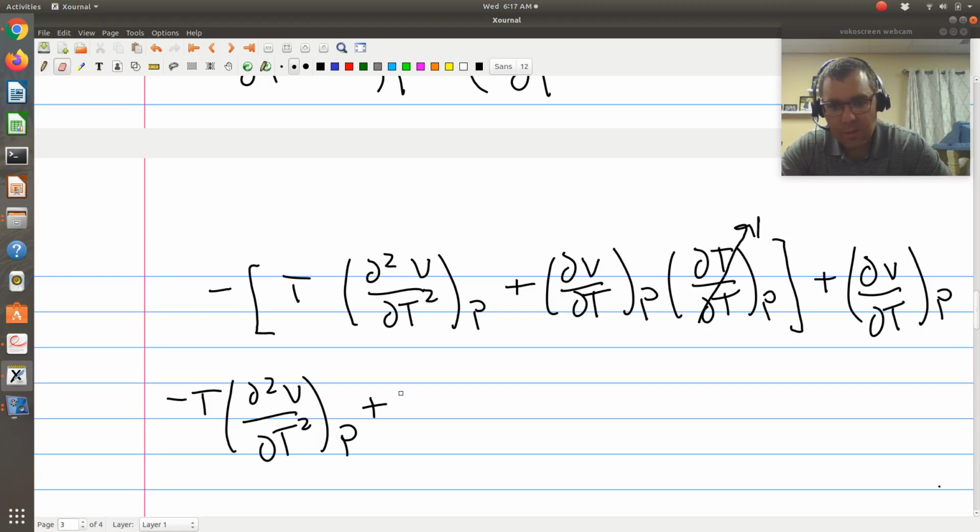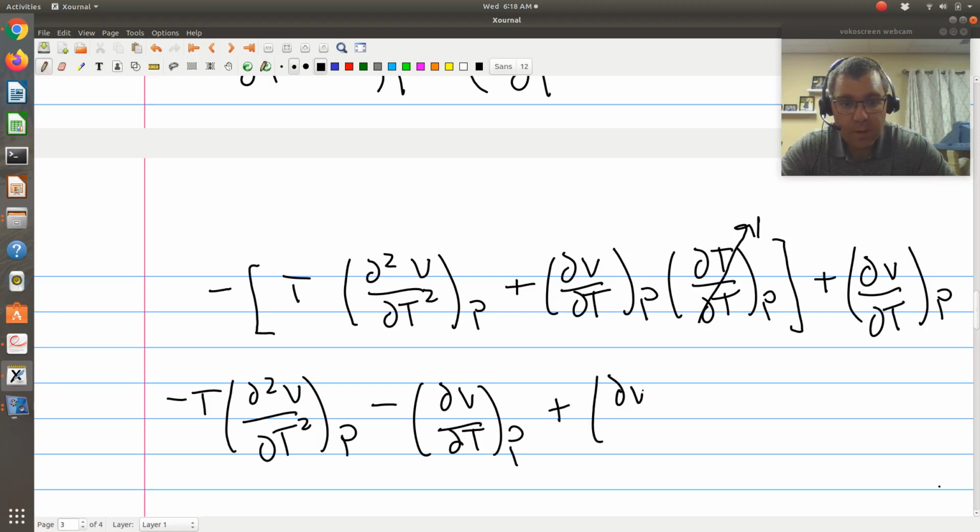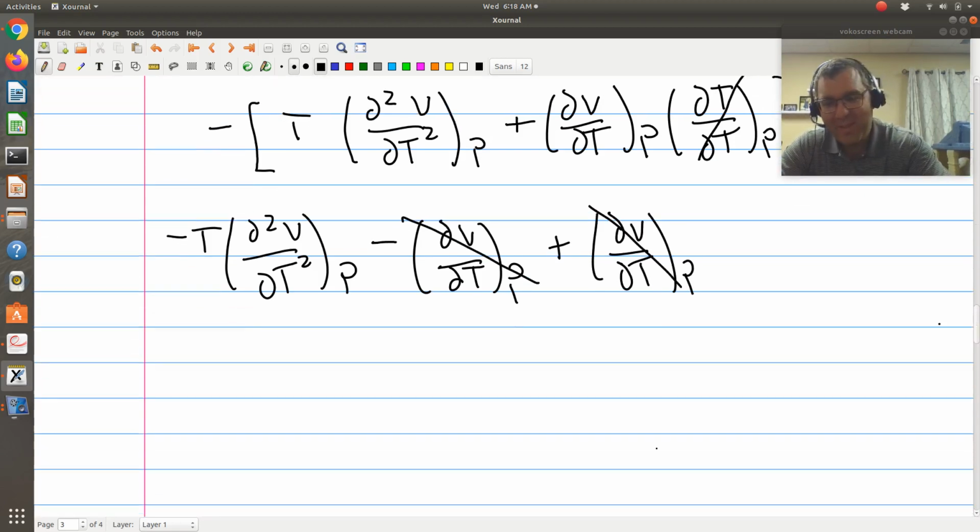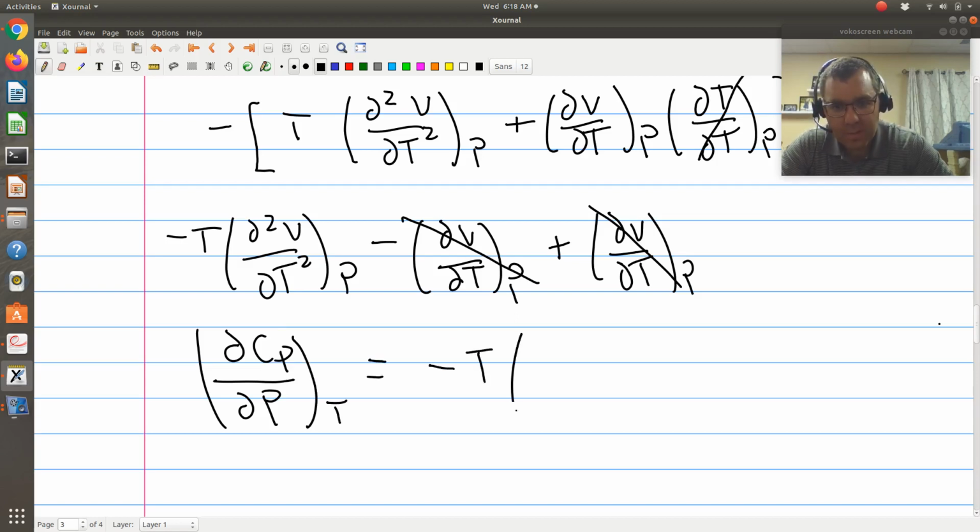Now I'm distributing the negative sign, so this will be minus dV/dT at constant P plus dV/dT at constant P. These two terms cancel, and we're left with partial Cp, partial P at constant T equal to negative T d squared V/dT squared at constant P.